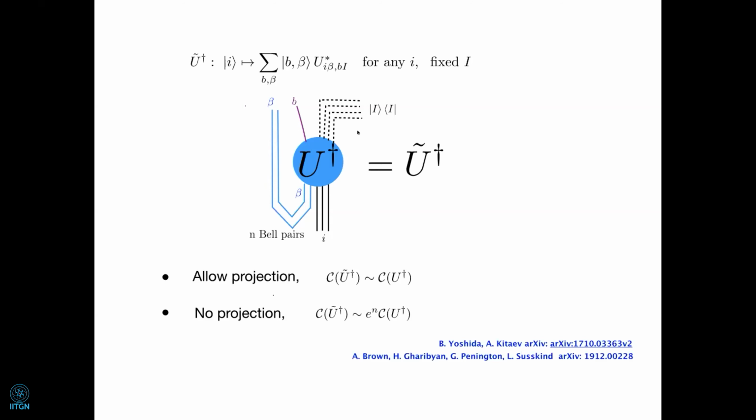And how many of these back and forths do we need to do? The number we need is e to the power n, depending on the number of post-selections we need here. So that's why there's a Python's lunch. That's why, as a unitary operator, U-Twiddle will have much higher complexity than U.